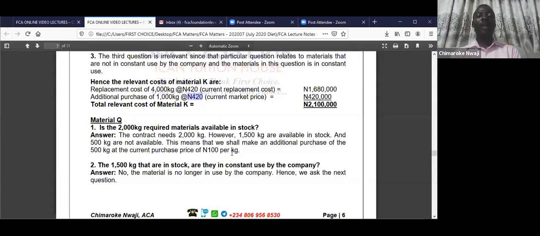Now that you have identified that 500 are not available, that you need to specially go and buy it, you've agreed that 500 kg multiplied by 100, which is the purchase price, will be your relevant cost for the 500 units. Let's deal with the remaining 1,500 that are available.